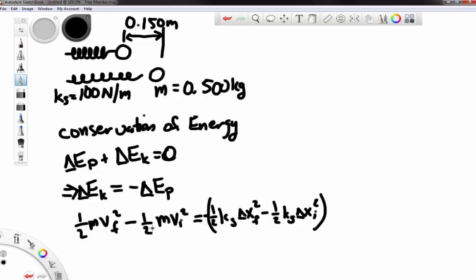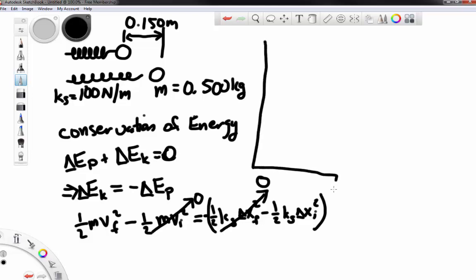Now, we're given that the ball is initially at rest, so this term goes away. The position at which the ball leaves from the spring is also 0.